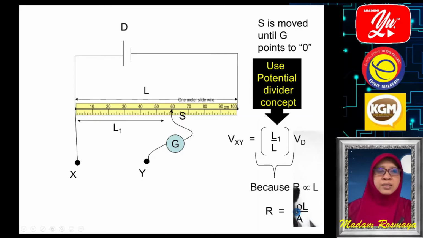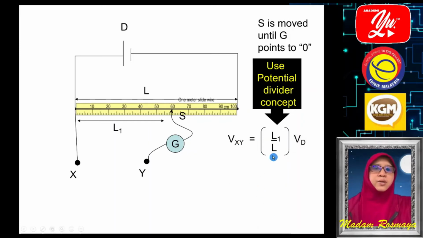The resistivity and the cross-sectional area are the same because we use the same wire along the ruler. Therefore R is directly proportional to L. So instead of using the ratio of resistance, we can use the ratio of the length of the wire. So we use L1 per L.